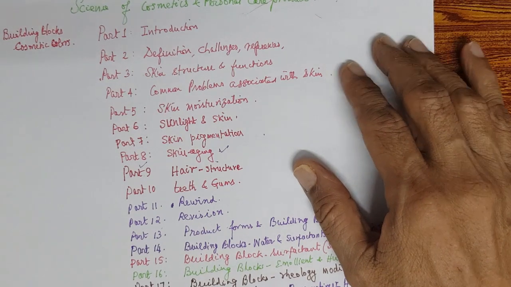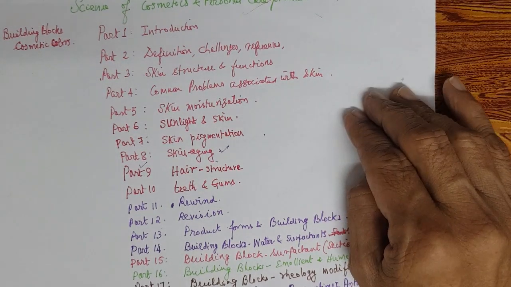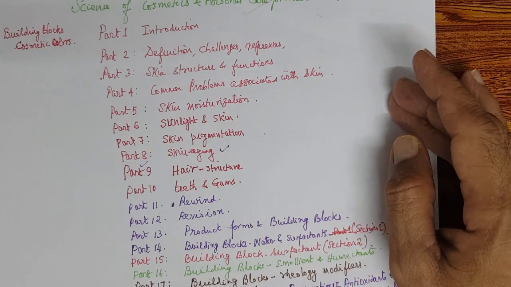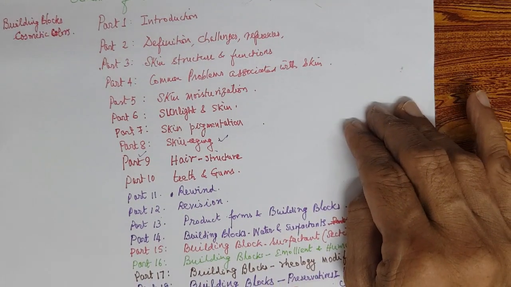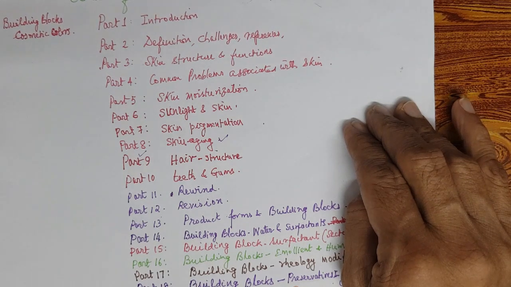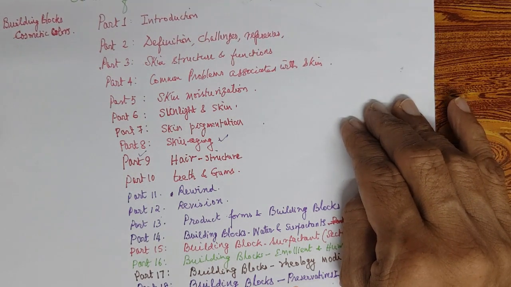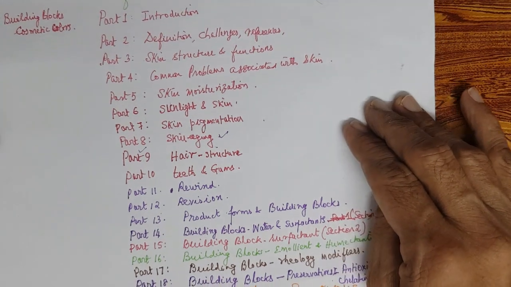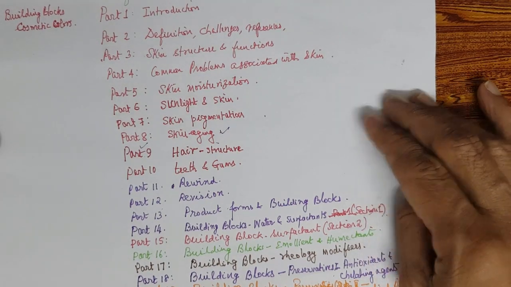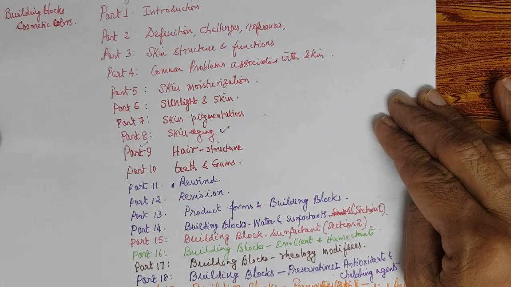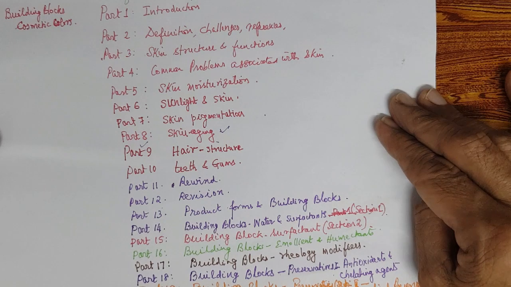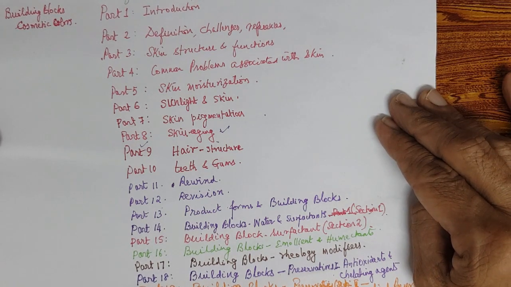Part 1 is the introduction, part 2 definition, challenges and references for the science, part 3 skin structure and functions, part 4 common problems associated with skin, part 5 skin moisturization, part 6 sunlight and skin pigmentation, skin aging, hair structure, teeth and gums, rewind and revision, product forms and building blocks, then building blocks, water and surfactants, emollients and humectants, rheology modifiers, antioxidants and chelating agents and antimicrobial preservatives.